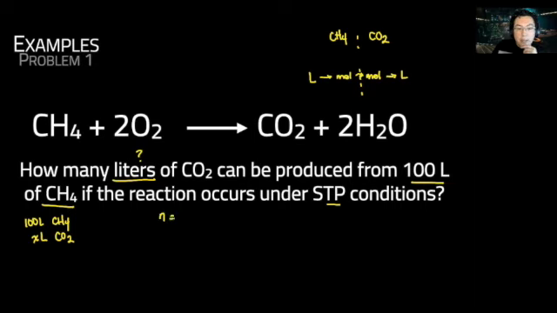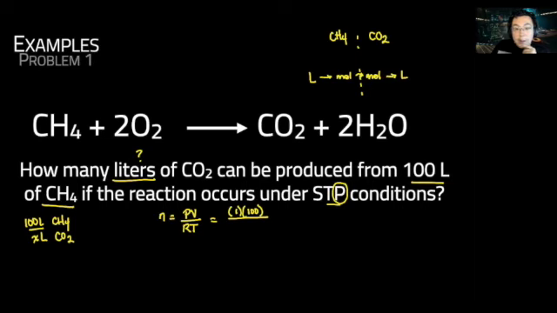We're going to be using the ideal gas law formula, solving for moles. That would be n equals PV over RT, right? The constant and temperature. Pressure is standard pressure, which is 1. Volume is the one given in the problem, which is 100.